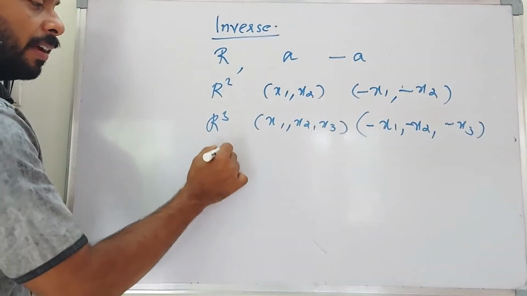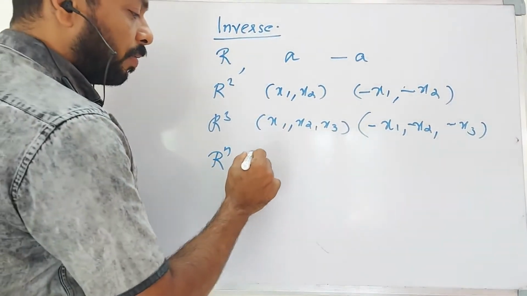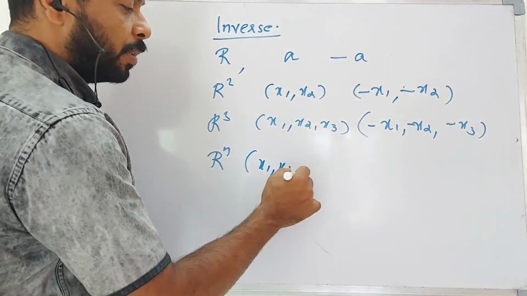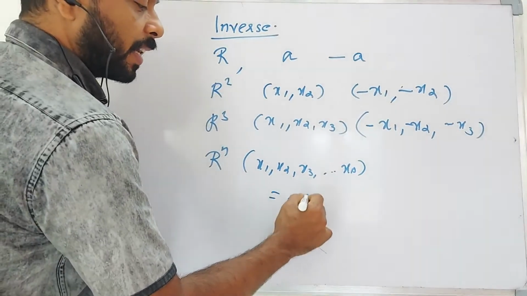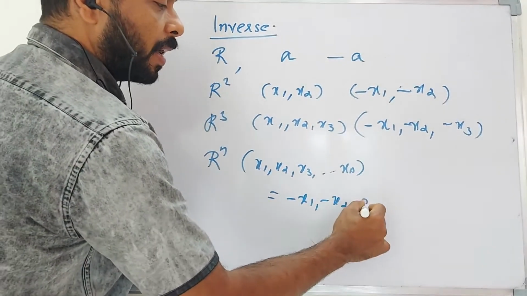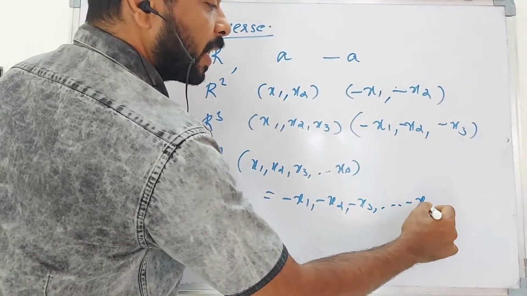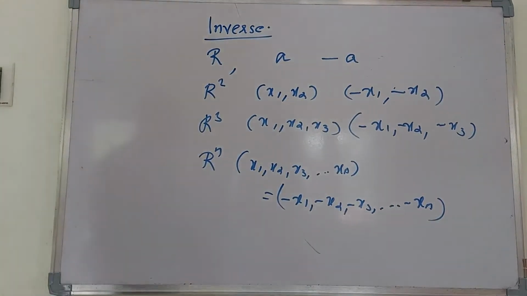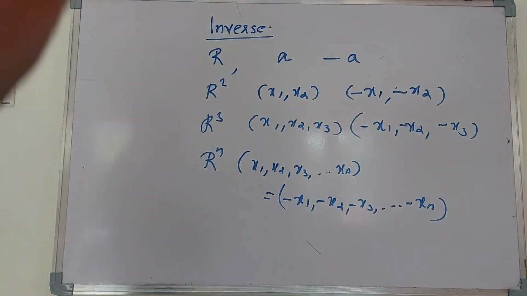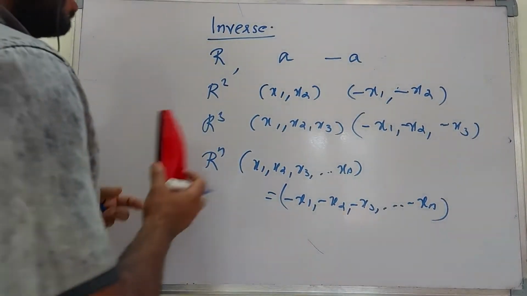Similarly, in Rn, the additive inverse of any element x1, x2, x3, etc., xn is minus x1, minus x2, minus x3, etc., minus xn as an n tuple. This is the case of the additive inverse in the spaces R1, R2, R3, etc., Rn.